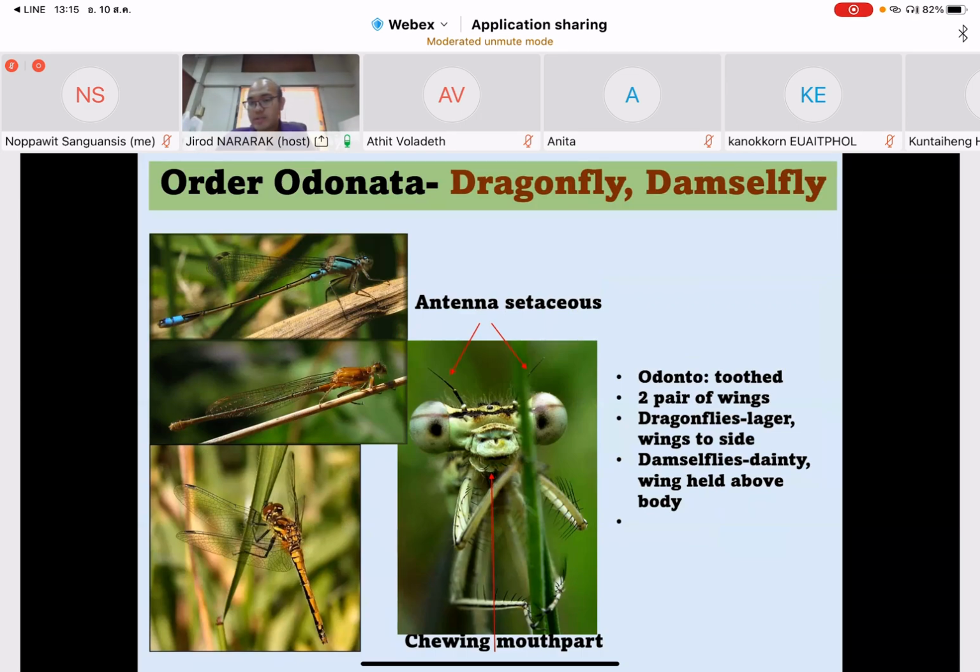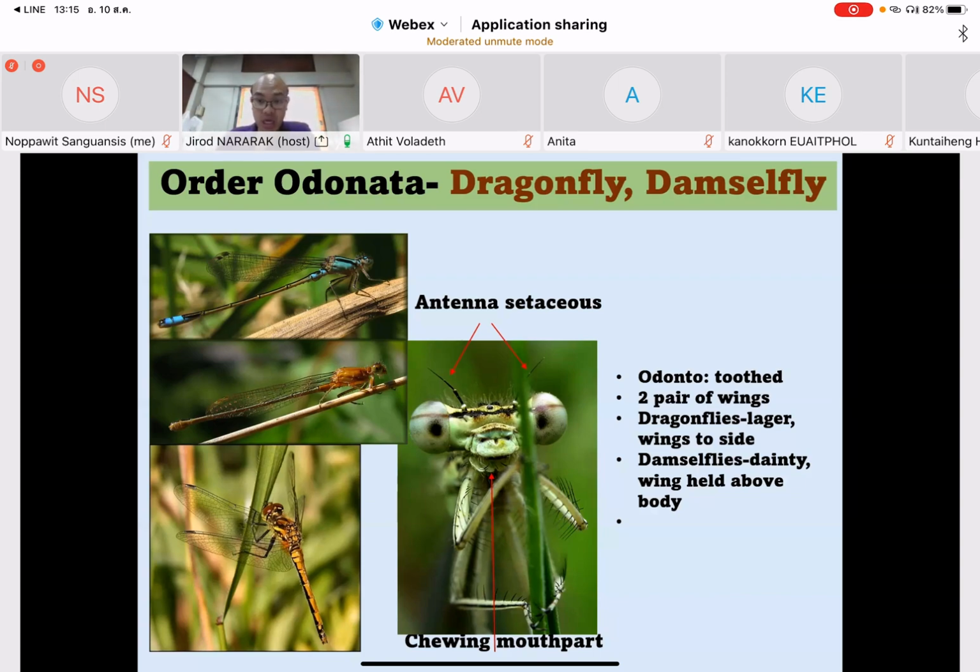So just to give you the term Odonata: Odo comes from odonto, like tooth, your tooth here. And ptera means wing, as you already studied in the insect class.